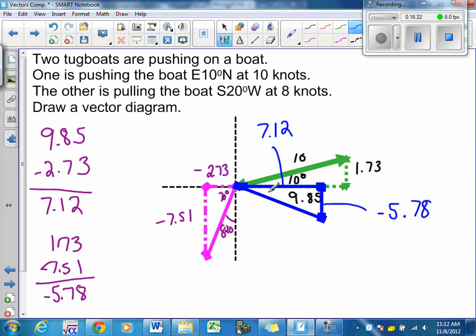And I get this side 9.17. So there's the magnitude of my resultant. And if I want to find the direction, all I have to do is find this angle here, theta, which is just doing SOHCAHTOA, and I'm able to find my direction.